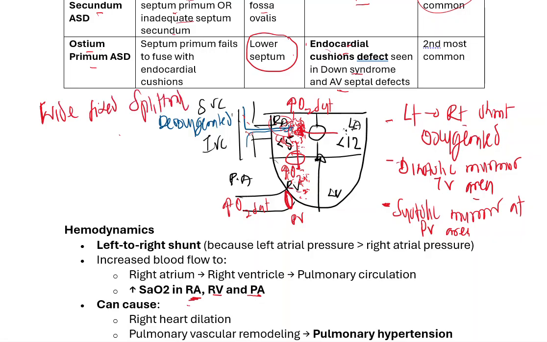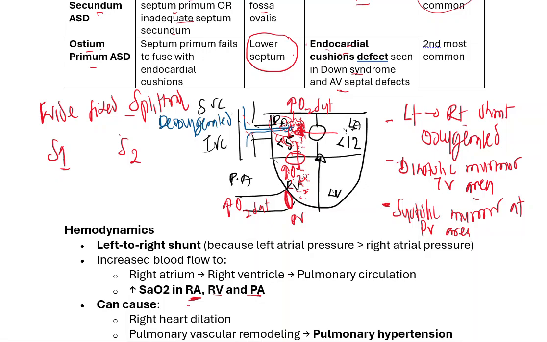So let's see why. When we look at the heart sounds, you have the S1 heart sound, and then we also have the S2 heart sound. The heart sounds are usually due to closure. When the valves close, they create a noise.